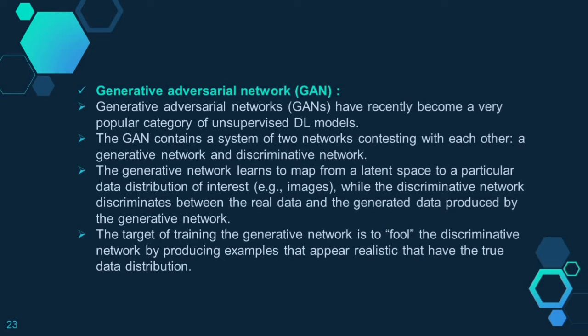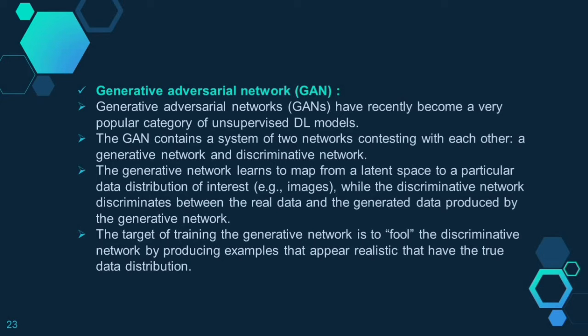And then GAN, Generative Adversarial Network. Generative adversarial networks have recently become a very popular category of unsupervised DL models. The GAN contains a system of two networks contesting with each other, a generative network and a discriminative network.